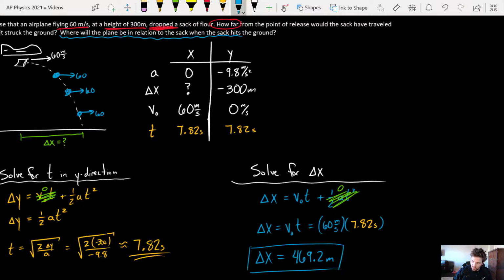So 7.82 seconds later, the plane has gone just as far as the bag because they both had the exact same horizontal velocity. So they've both displaced horizontally the exact same amount. So when the bag hits, the plane should be right over top of it. Okay?